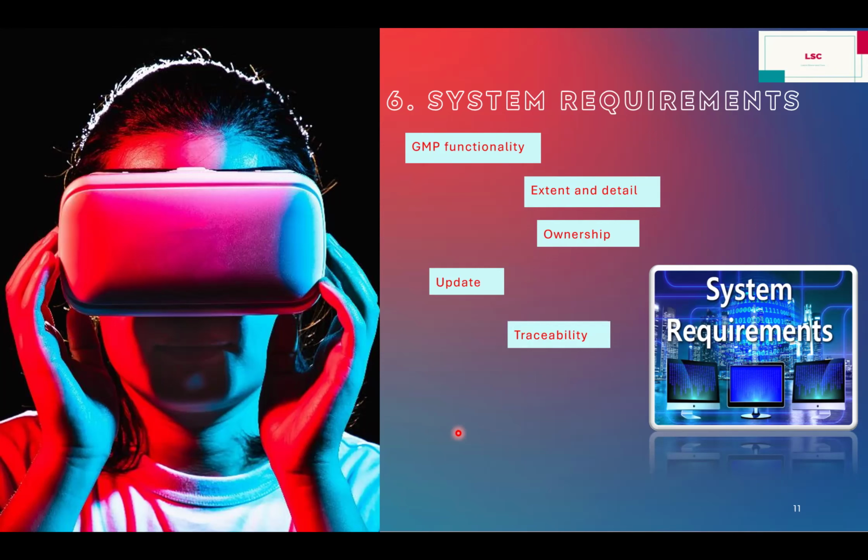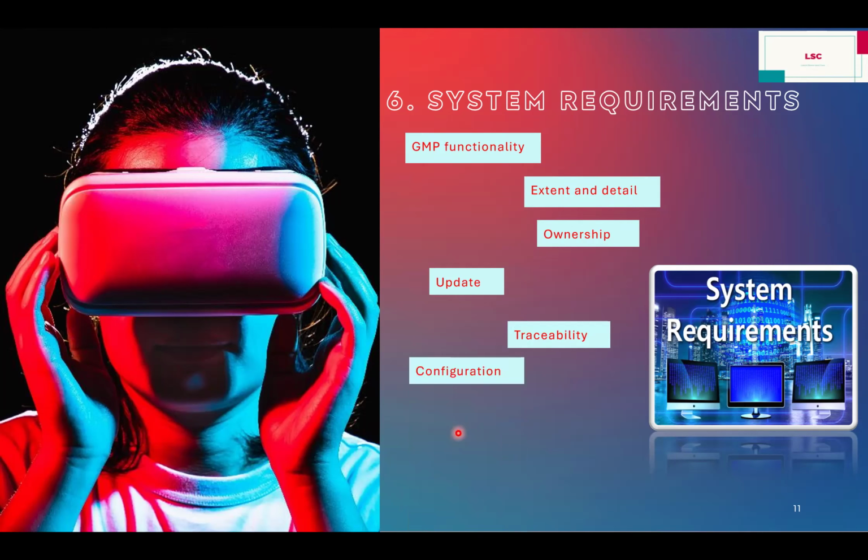We prepare a document like a traceability matrix. So the guideline also expects that your work should be traceable. That's why the guideline says documented traceability between individual requirements underlying in design specification and corresponding qualification and validation test cases should be established and maintained.